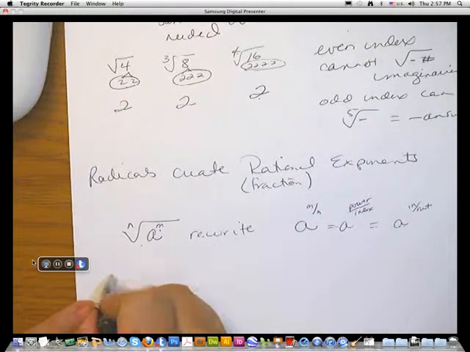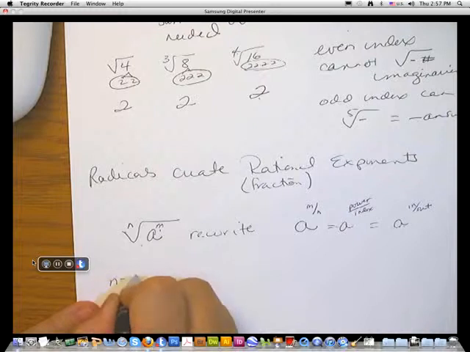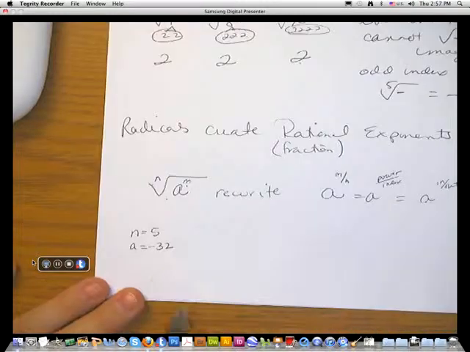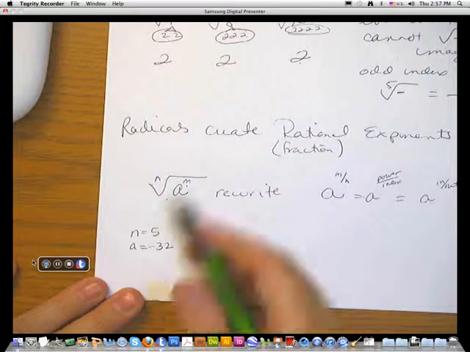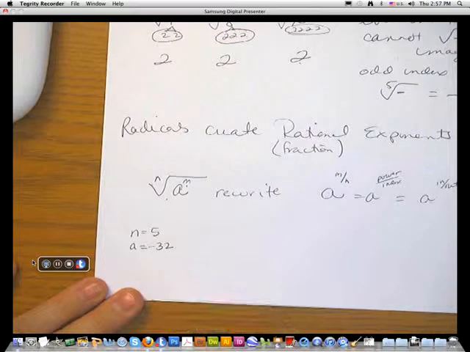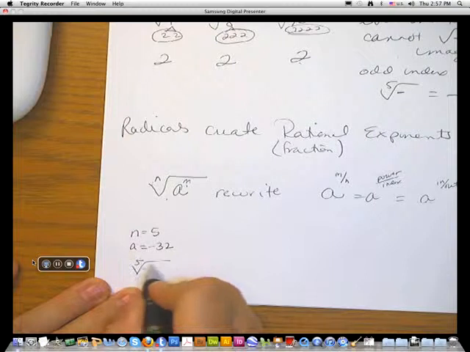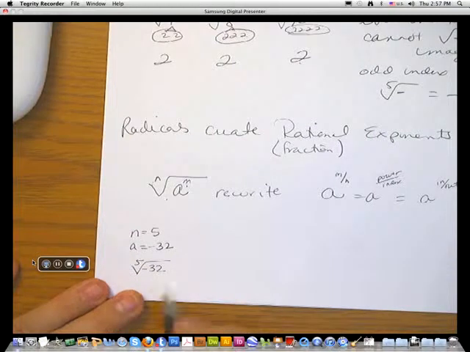So if I say that n is 5 and a is negative 32, I want you to be able to simplify it. So n is outside, a is negative 32. So what's the 5th root of negative 32?